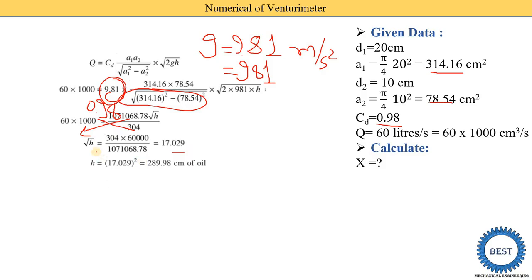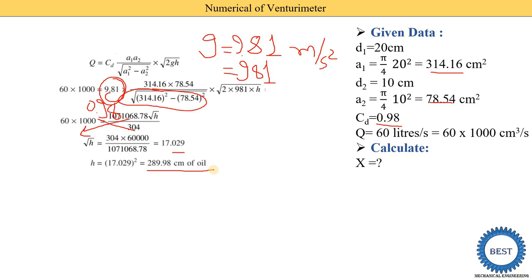Then we square both sides, so under root of H square is converted into H, and the square of 17.029 is 289.98 centimeter of oil.